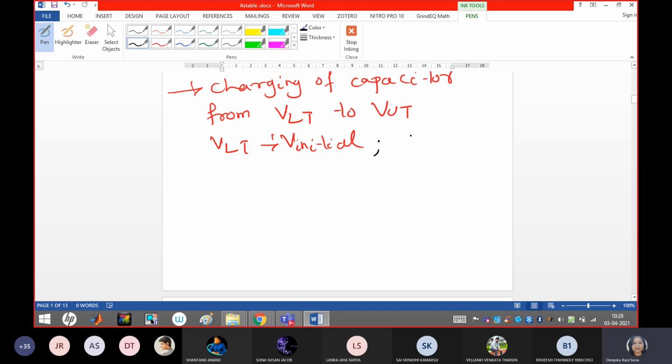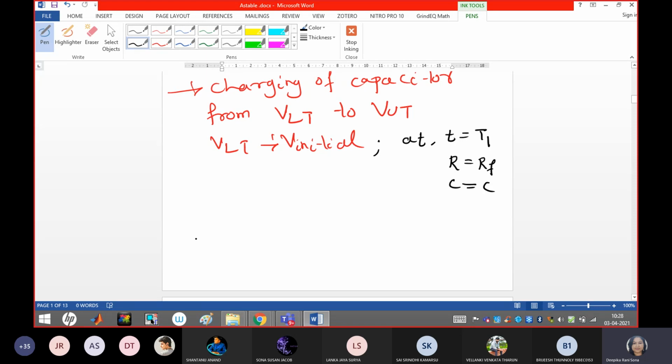E to the power small t by tau I have written, no? So at time period small t, let's consider t equal to T1, half only, and R belongs to RF and C is C only.